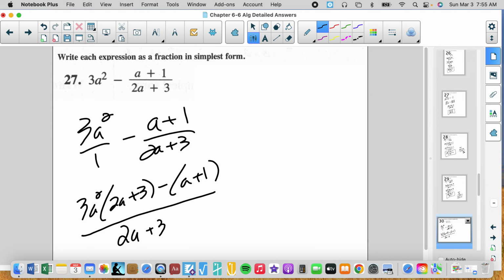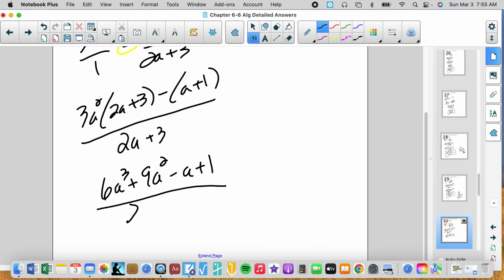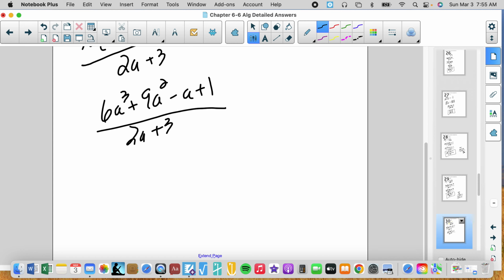Lots of little nuances here. We've got to distribute that to both of those terms because it's minus. So this is a good one. This is 6a cubed plus 9a squared minus a plus 1 all over 2a plus 3. Now, none of those have a common factor.